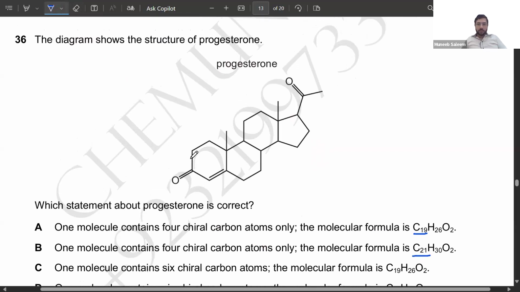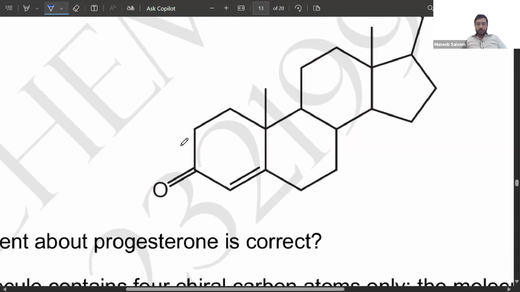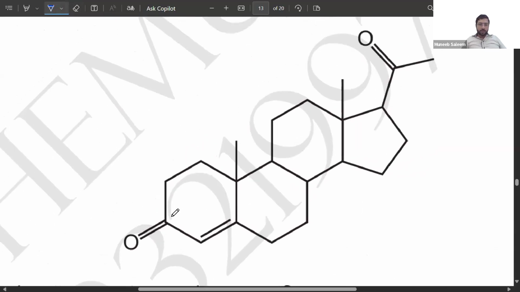So I'm going to number the carbon atoms here to make it easier to count the number of carbons. So this is 1, 2, 3, 4, 5, and 6. This is 7, 8, 9, 10, 11.